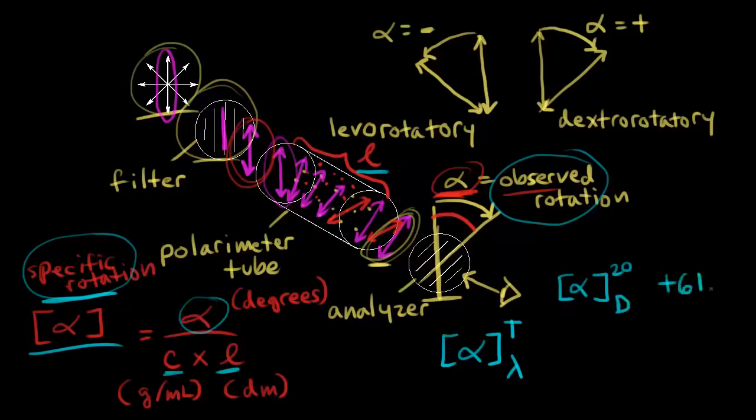Specific rotation is normally unitless, so normally you don't see anything with this number. However, a lot of times you do. I've seen a degrees sign here for a lot of things. I'm going to take it off right here because usually the degrees sign is left for the observed rotation. So that's how you would see a specific rotation.